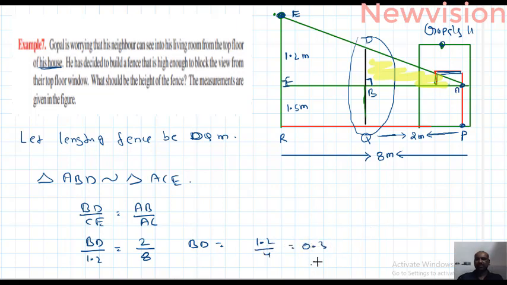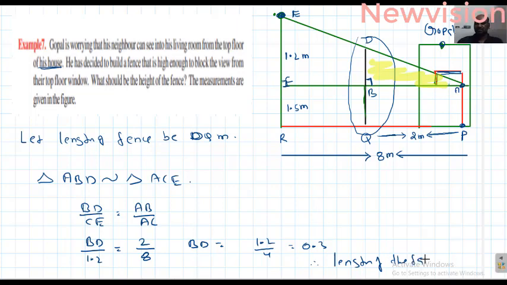So the length of the fence equals 1.5 plus 0.3, that is equal to 1.8. Okay, now I want to cross check. 1.8 meters is the length of the fence that he should build.